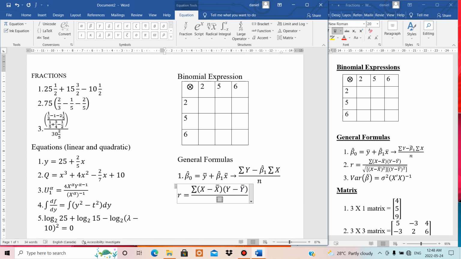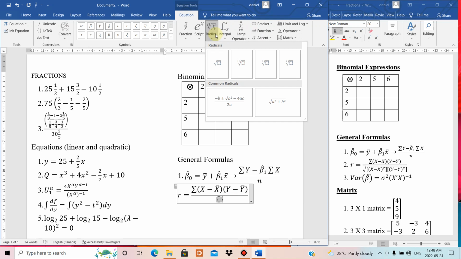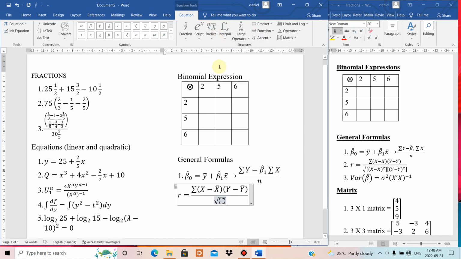Now at the denominator, we have some expressions. You have square root of a lot of elements within. It is nothing strange. You go to the radical, you pick the first one because it's a normal square root. Now the whole square root has a bracket within a bracket.